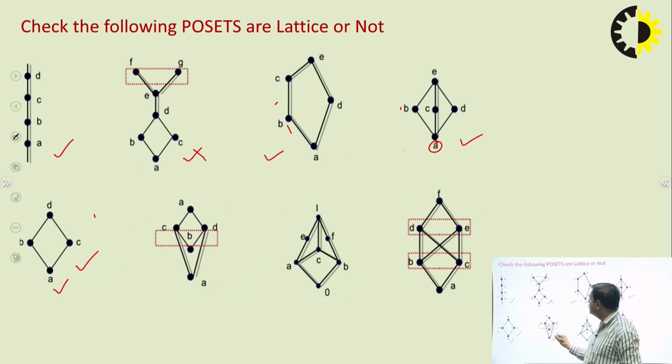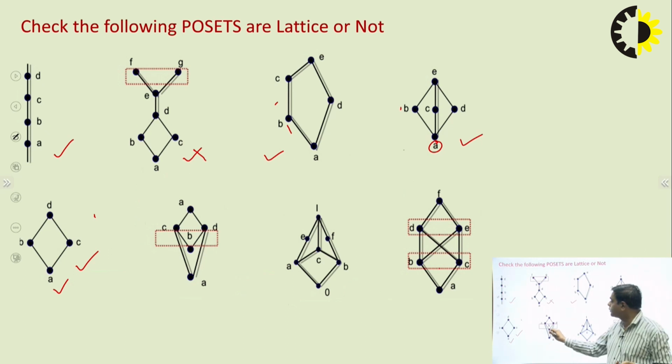In this structure there is one more important concept. If there exists a LUB and GLB, it must be unique, as I have already told you in the definition. For one pair of elements there must exist only a single LUB and a single GLB.